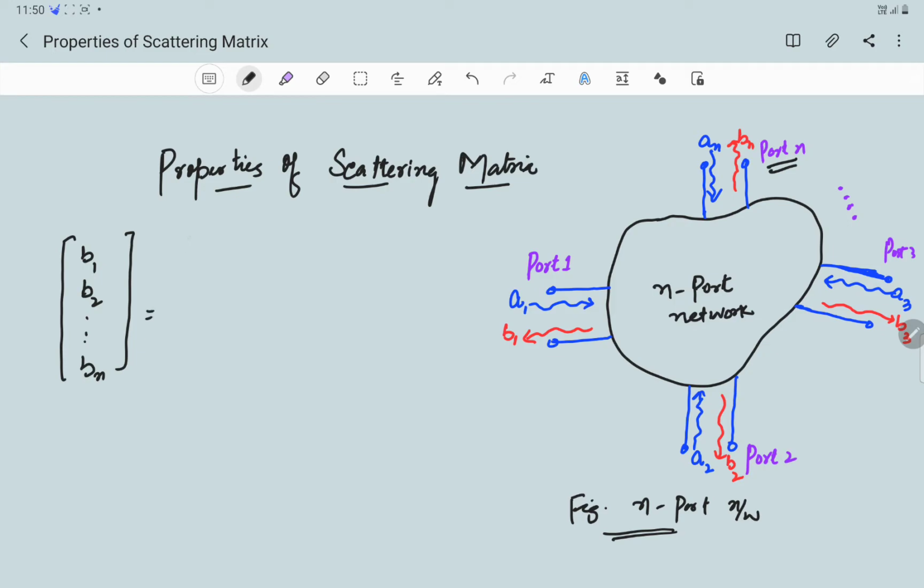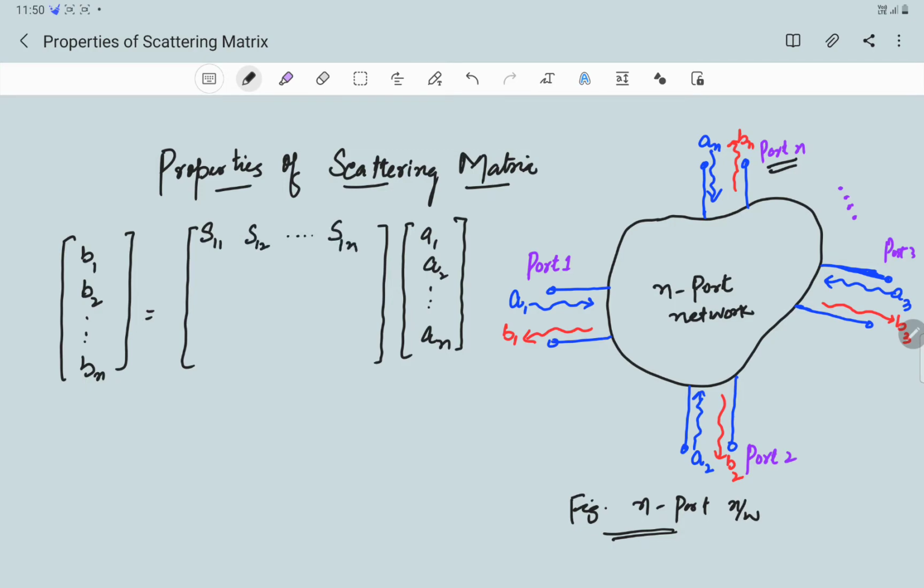they are related to the incident waves A1, A2, so on up to AN, by S parameters or by an S matrix: S11, S12, so on up to S1n, S21, S22, so on up to S2n, and then SN1, SN2, so on up to SNN.